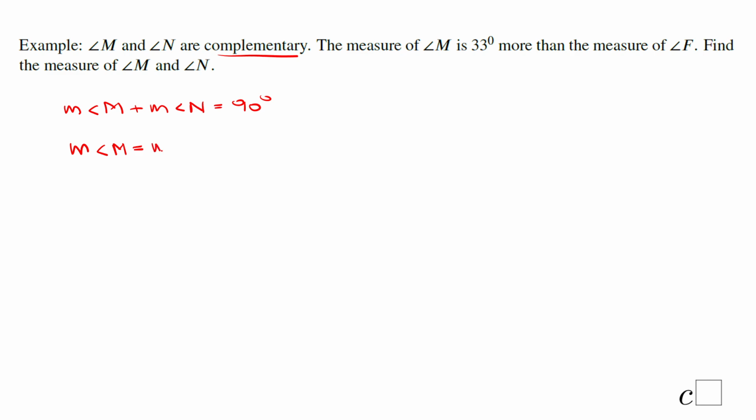We're going to say the measure of angle M equals the measure of angle N plus 33.